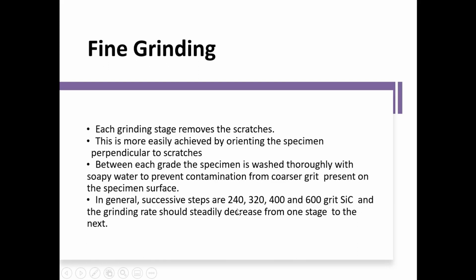In that case, if you are using first 240 and then 320, the angle of grinding should be perpendicular for 240 and 320. Likewise, in 320 and 400, the angle will be perpendicular, same as for 600. Between each grade, the specimen is washed thoroughly with soapy water to prevent contamination from coarser grit present on the specimen surface.